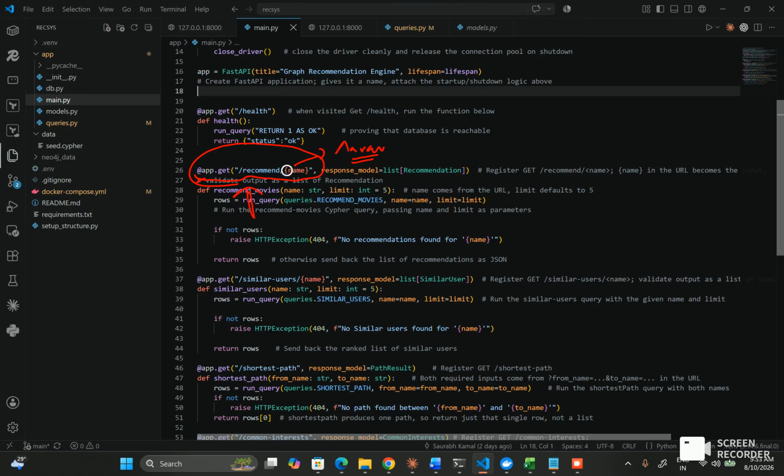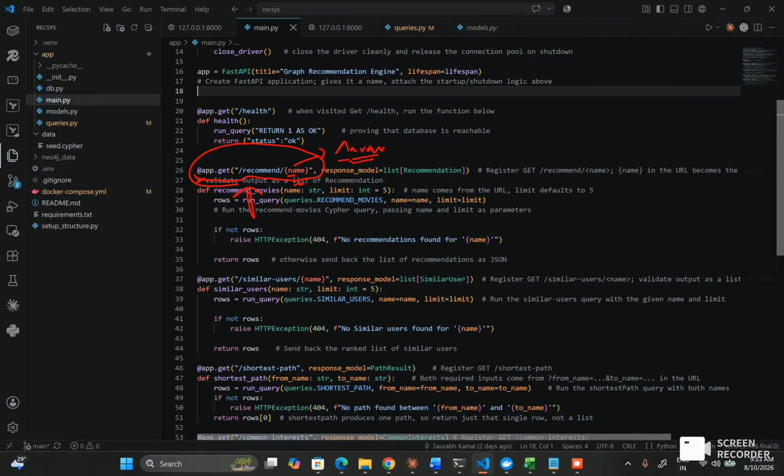Now that name inside the curly braces is a placeholder. Whatever words show up there in the real URL gets captured and handed to the function. Okay, understandable. That's making sense, I believe.